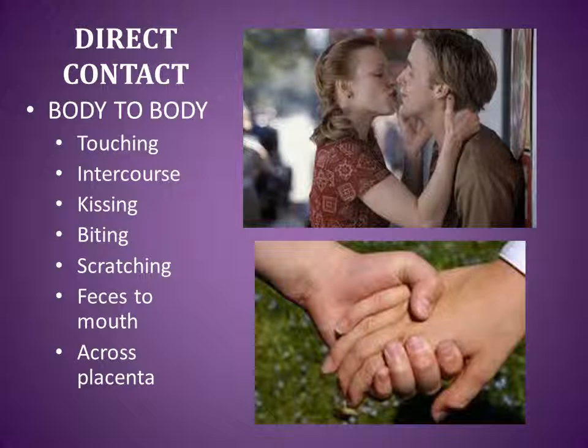Direct transmission involves body-to-body contact, such as touching, intercourse, kissing, biting, scratching, feces to mouth, and across the placenta. Feces to mouth is the portal of exit to portal of entry contact, and across the placenta involves when the infected mother may transfer the pathogens to a fetus across the placenta.